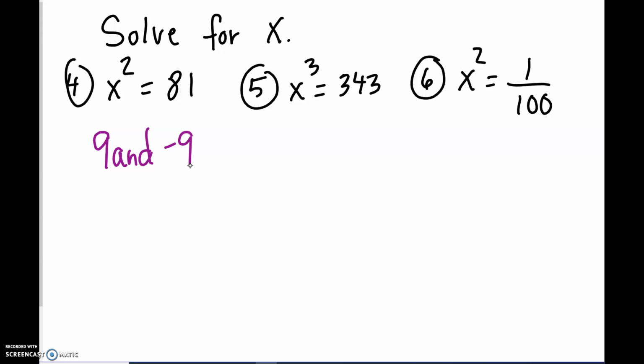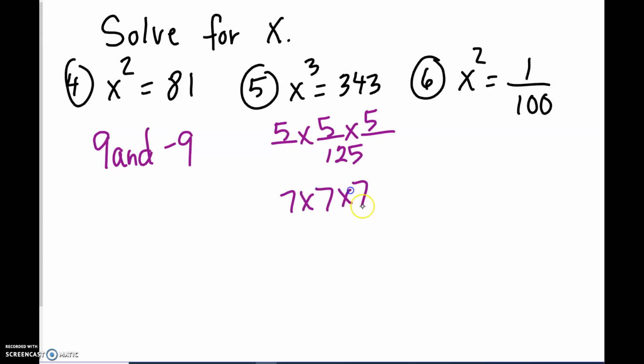All right, next one. Now we need 3 numbers that multiply together to get 343. If I try 5, remember they need to be the same. 5 times 5 times 5, well, that's 25, and 25 times 5 is 125, so that's not big enough. So let's try 7 times 7 times 7. 7 times 7 is 49.